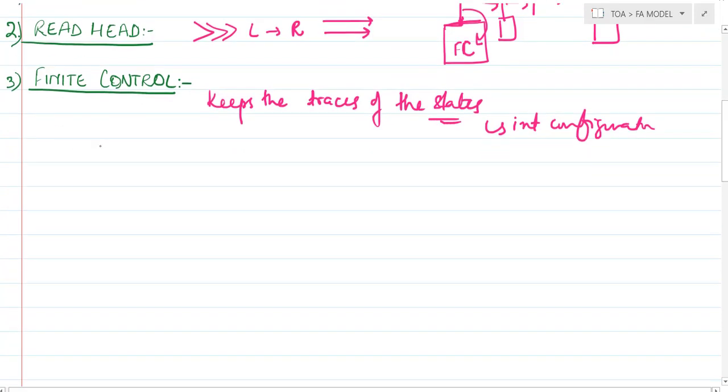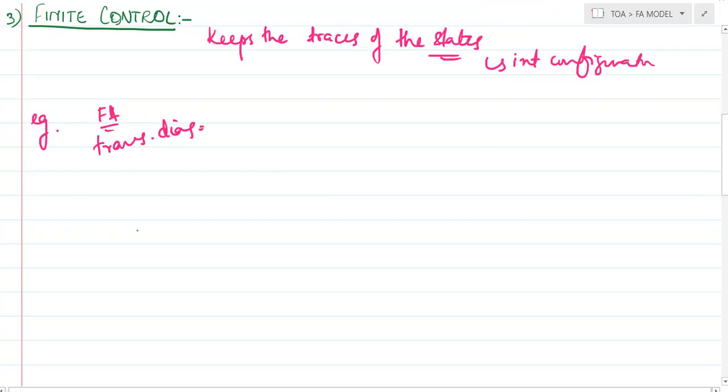So let's take an example to understand it more clearly. Let's draw a finite automata, a transition diagram for it. Let's say we have a diagram with A as the initial state and B as the final state, and let's draw the transitions.